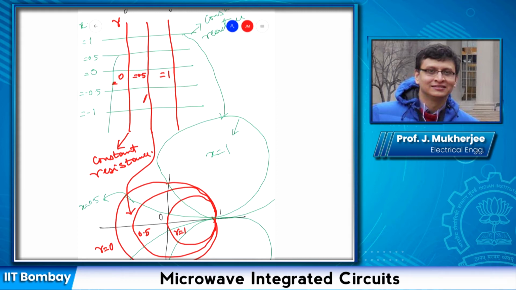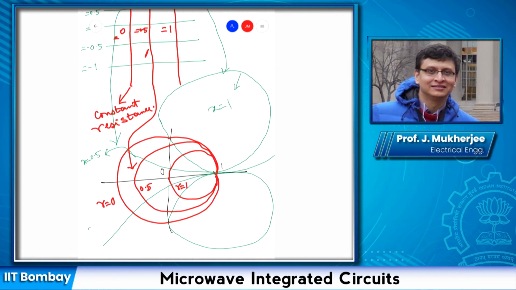So this has become this. This is the x equal to minus 0.5 constant reactance circle. So this line has become this. Then this is the x equal to minus 1 constant reactance circle. So this has become this, and so on. So that's how this happens.